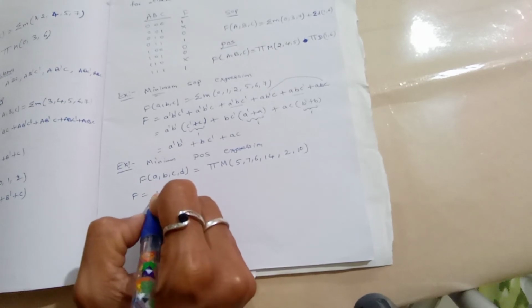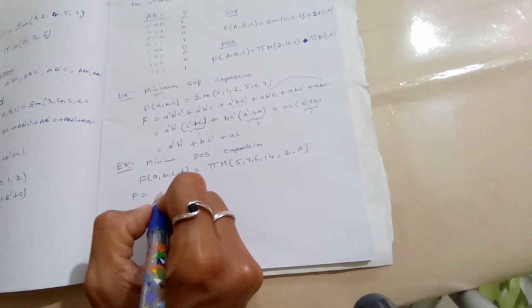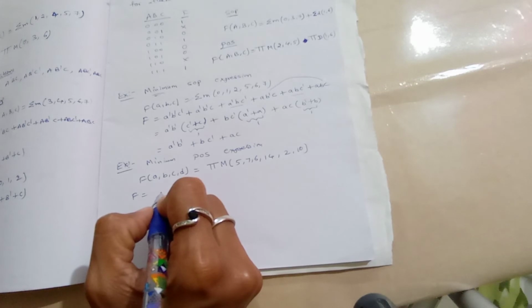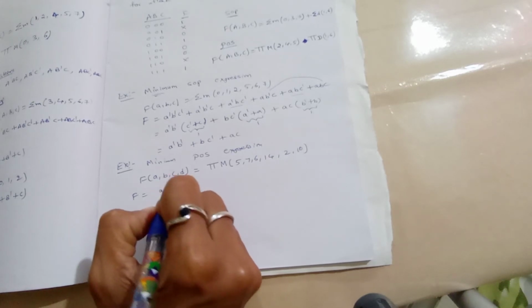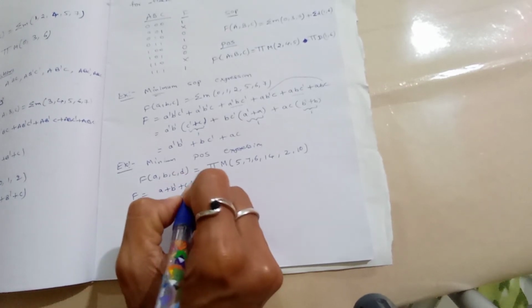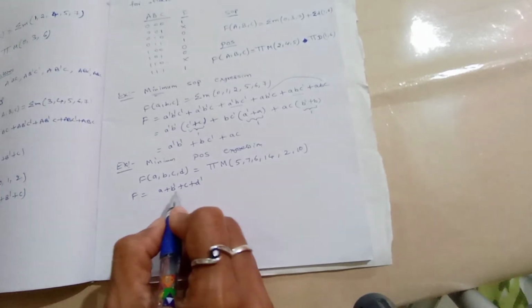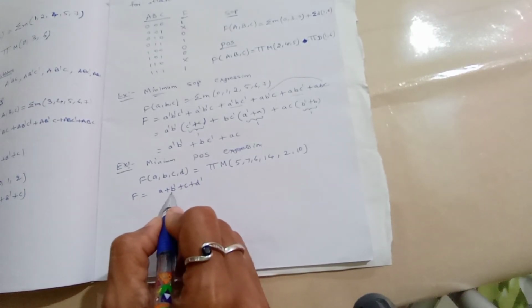This is written as A plus B bar plus C plus D bar, which means 5, 1 0 1. Here we are representing 1 with bar. So this is the 5.